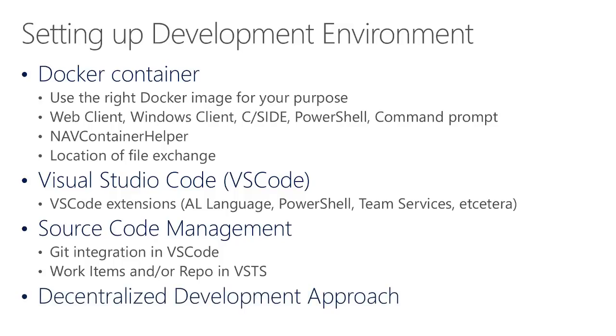Our development approach is a decentralized one, which means that we don't connect to a common database with the whole development team. If I have 5 developers, we don't have one development database that all 5 developers connect to. Every developer has their own local instance of the development environment.